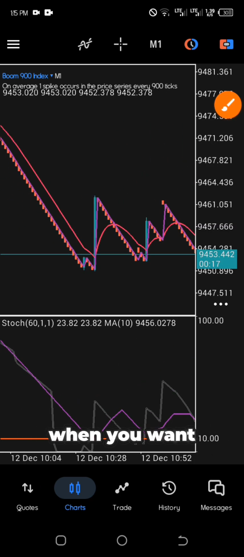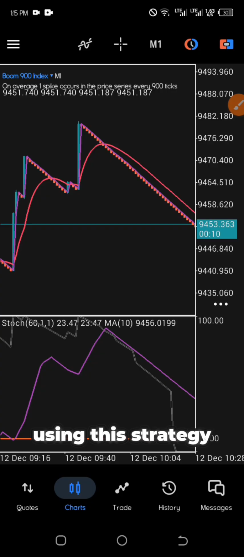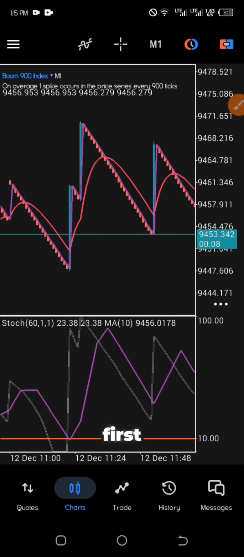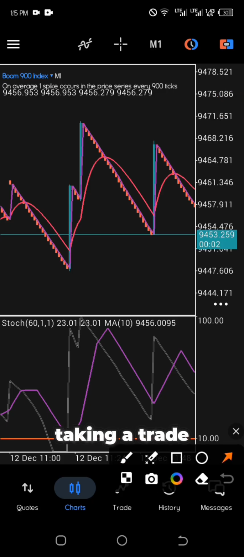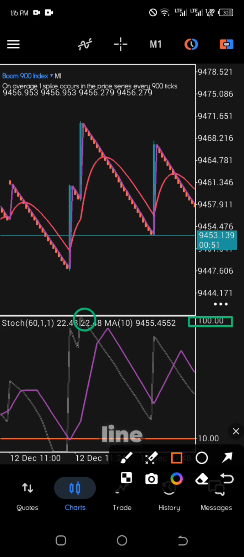Now when you want to use this strategy, there are some things that you want to consider before taking any trade, and that is what I'm first going to explain, then we dive into how it works. If you are taking a trade with this strategy, the first thing you always want to see is that the stochastic oscillator touches the oversold line.